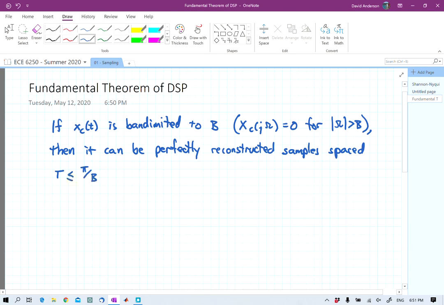Oh, it's less than or equal because we have the strictly less than up there.